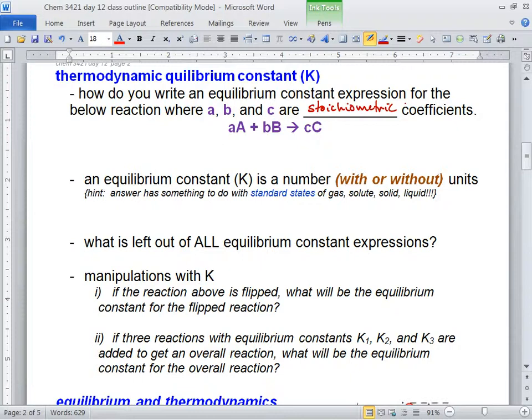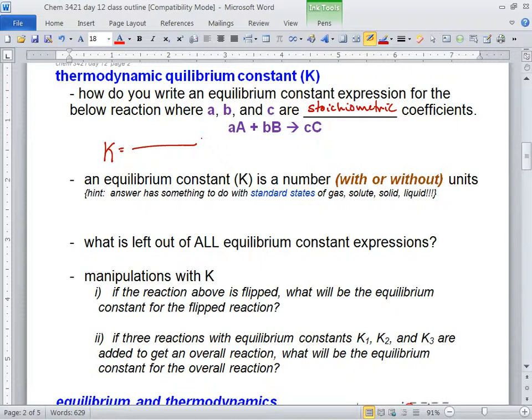Okay, that's our reaction. So, Kelly, if that's our reaction, how would you write the equilibrium constant expression? Big K is what over what? Products over reactants, raised to the stoichiometric coefficients.